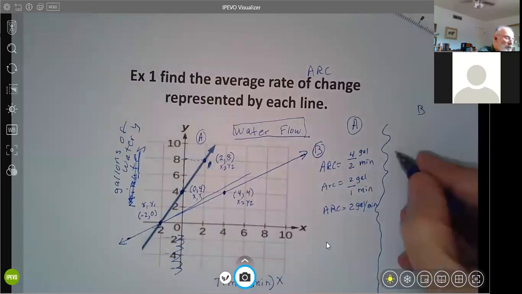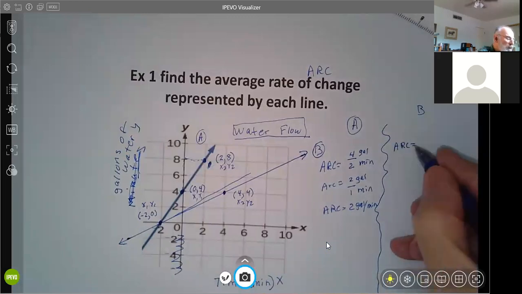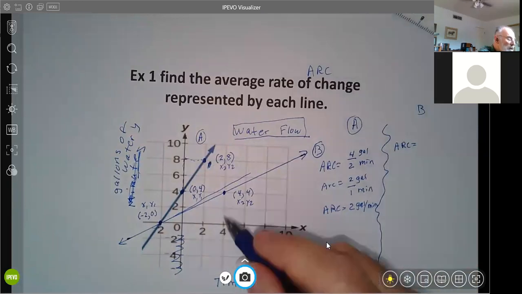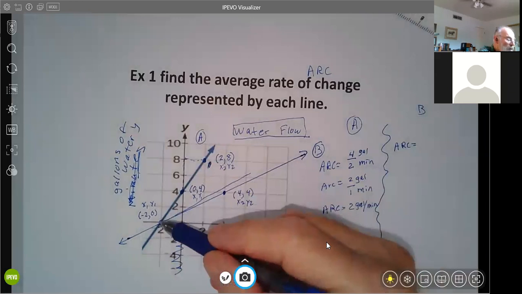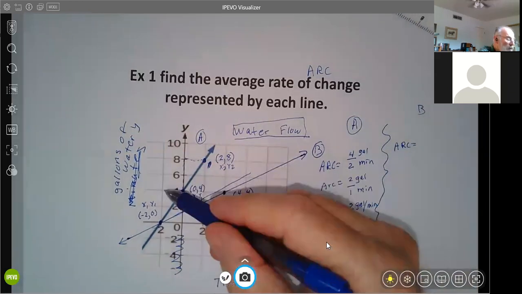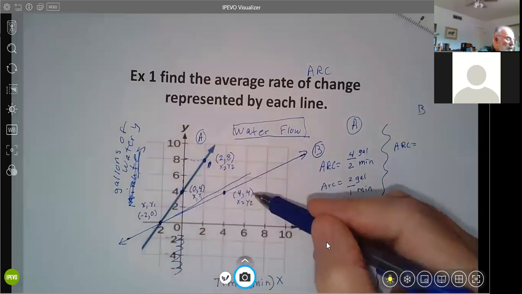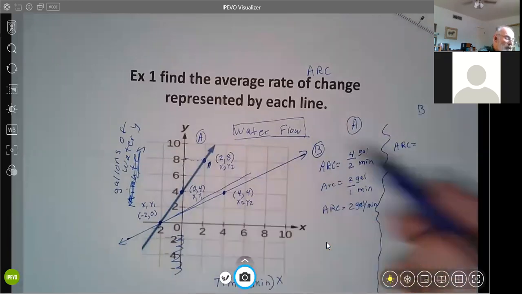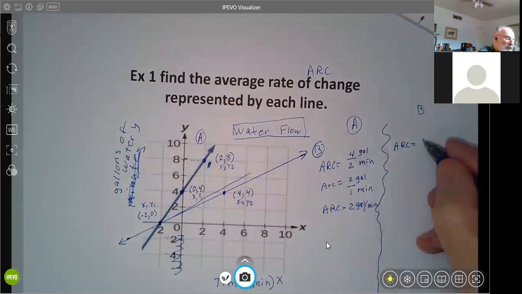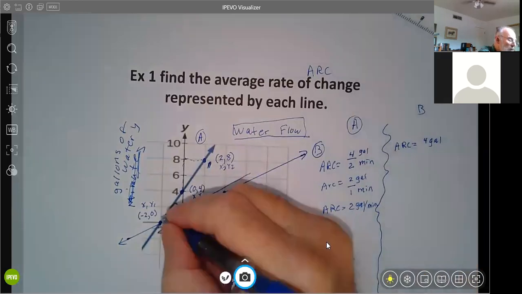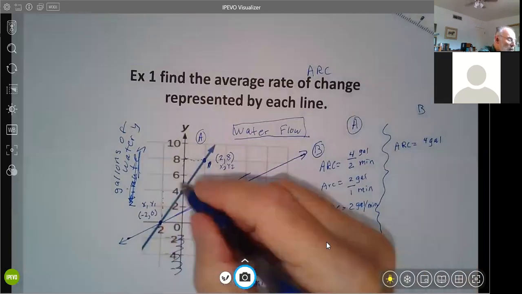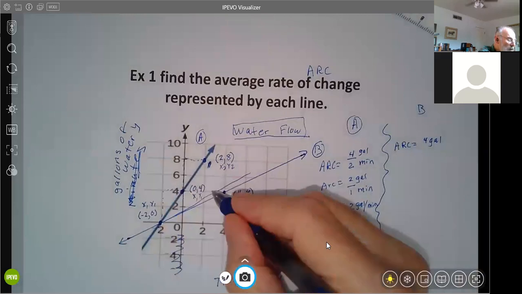So my average rate of change, what is it going to be? I'm looking at this and I'm going to go from where y is 0, that's y1, over to y is 4. So we're going up 4 units. So that's 4 gallons. Okay, and my run is considerably longer, it looks like.